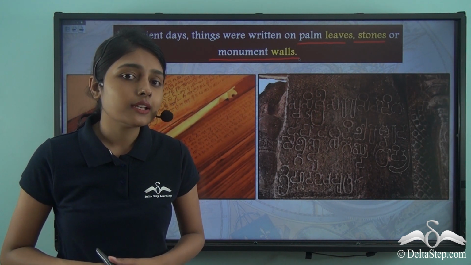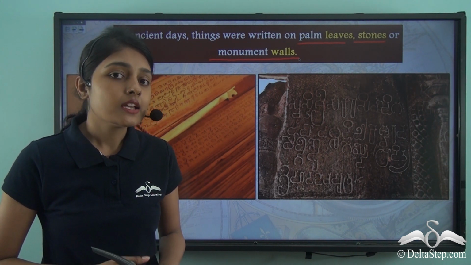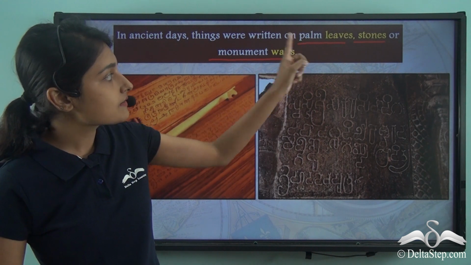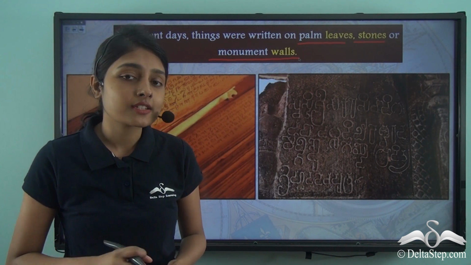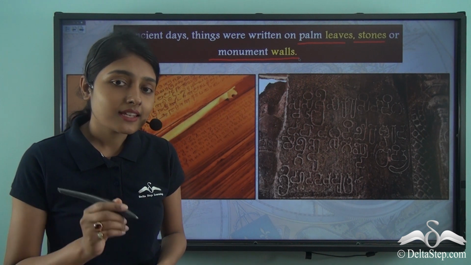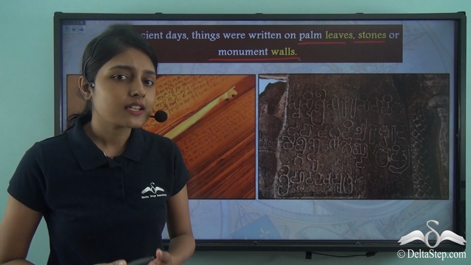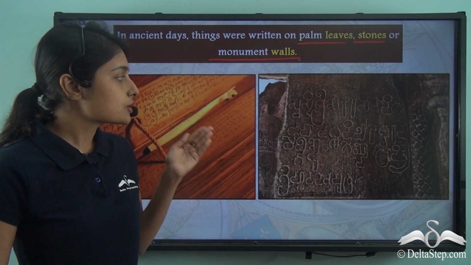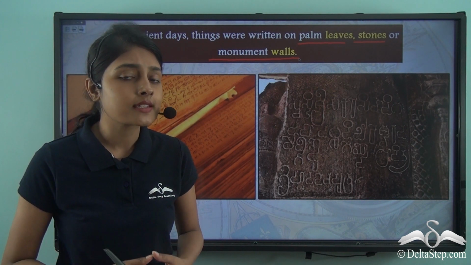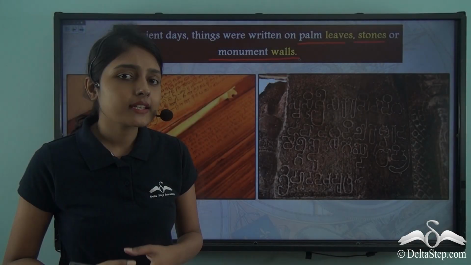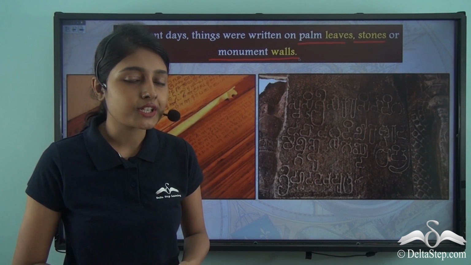And due to the lack or absence of paper, people in ancient times used to write on leaves, stones, or walls. Now, these were known as inscriptions because these writings were inscribed on the walls. So, this was a very tedious process to make inscriptions on these hard surfaces like monuments or stones. But this is a process in which information was recorded in ancient times.